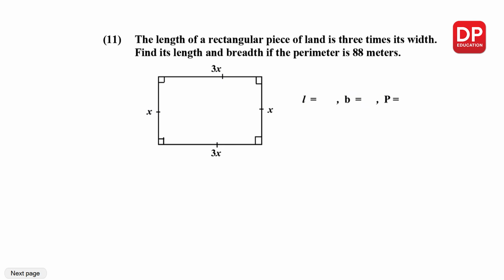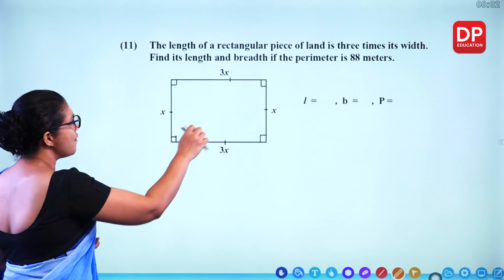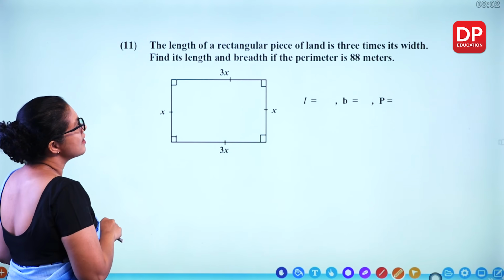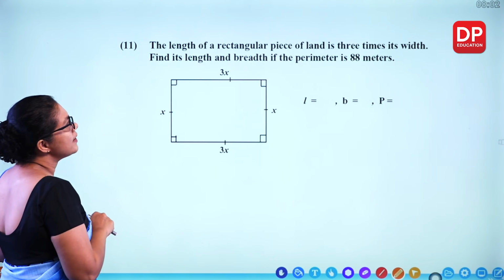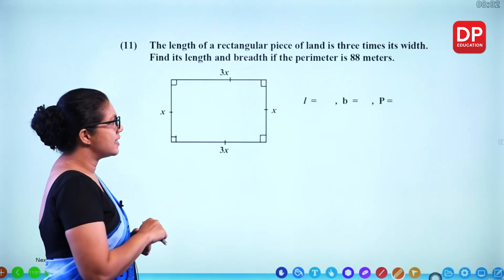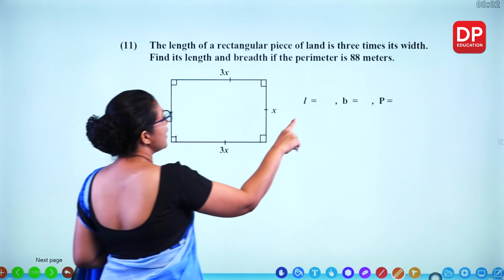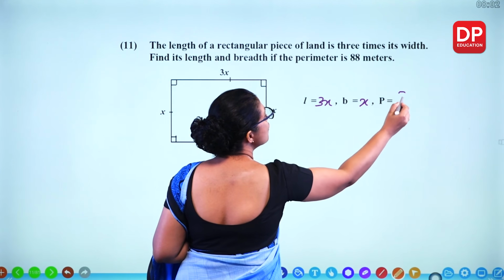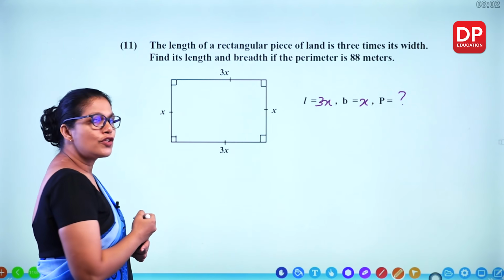The length of a rectangular piece of land is 3 times its width. So if the width is x, the length should be 3x. Find its length and breadth if the perimeter is 88. So what can we write? L is 3x, B is x. So we need to find the perimeter.